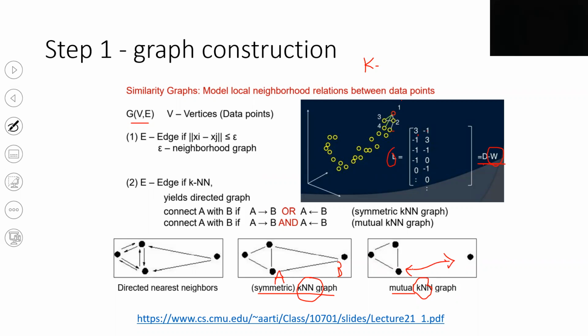Otherwise, if it's only one direction, then you will not keep that, because you require a mutual relationship between the data points. Or you can keep the distance as a directed neighbor graph. So there are several ways to do it, but this is the most commonly used.